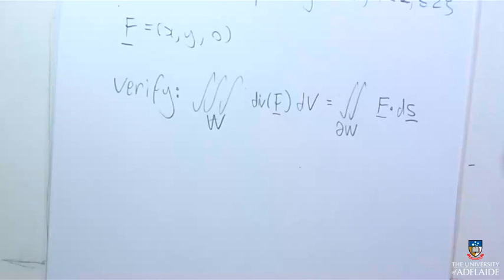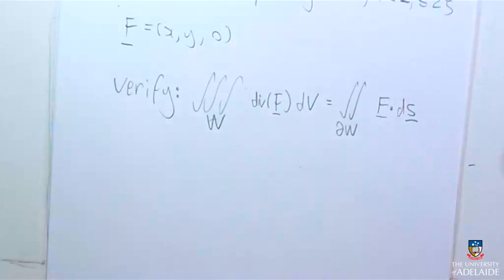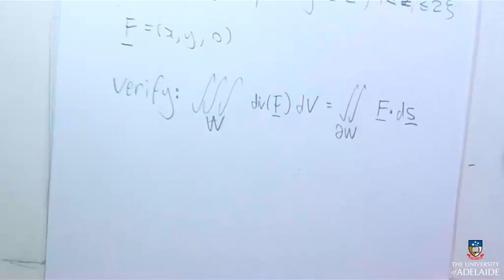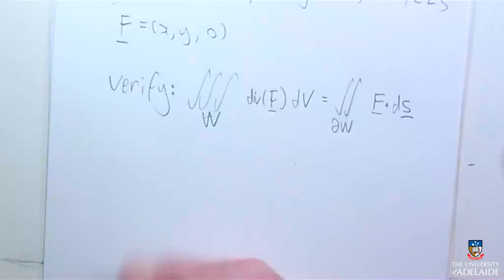So the endpoints are the boundary of the line. And the curve is the boundary of the surface. And the surface is the boundary of the volume. Everything's coming together. Okay, so we'll do this one first.